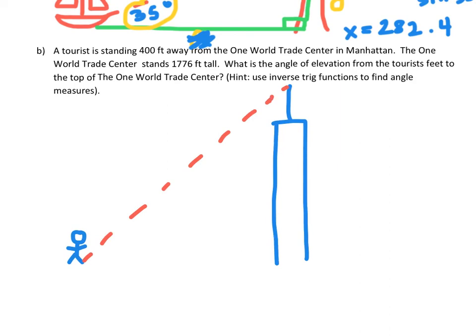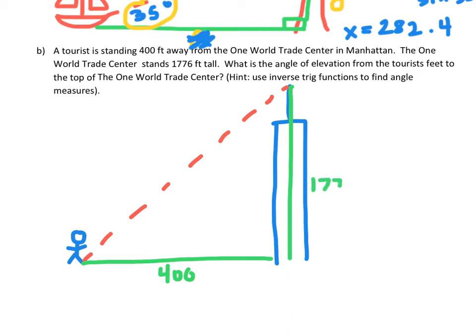Now the only other things that I know are the distance I'm standing from the building is 400 feet. And then the height of the building is going to be 1,776. Okay. Now, we don't know what the angle is, but we can still label where that angle would be.